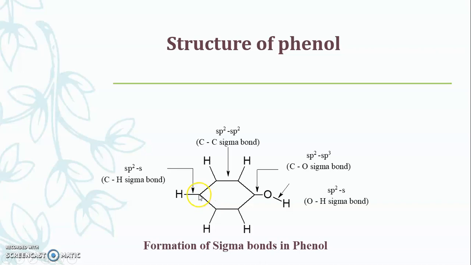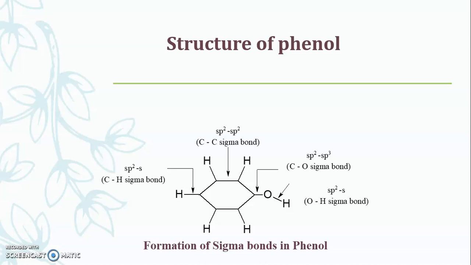So each carbon atom forms 2 sigma bonds with the neighboring carbon atoms, which are in the sp2 hybridized state, and this carbon atom also forms another sigma bond with the hydrogen atom, which has an s orbital. This hydrogen atom is present in the s state.